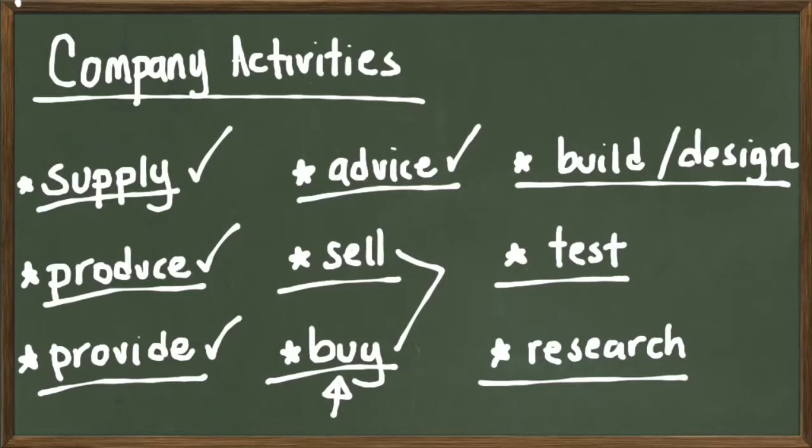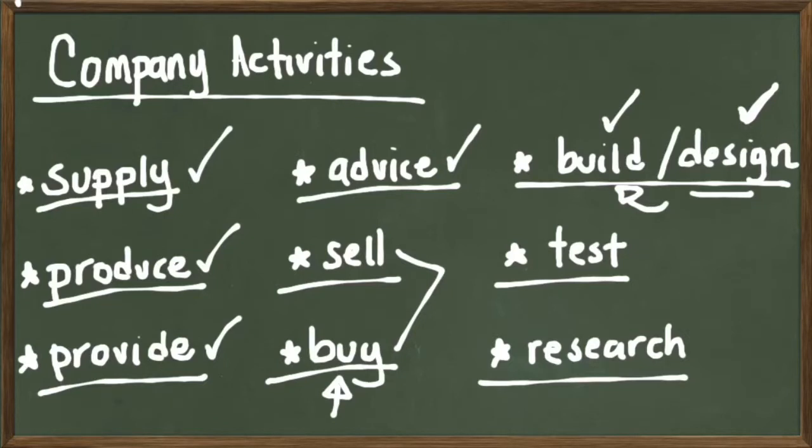The pronunciation is buy. The next one is build, which is construct, create physically, and design is to think of. Design is the creation of the model. First comes the design and then the building part.